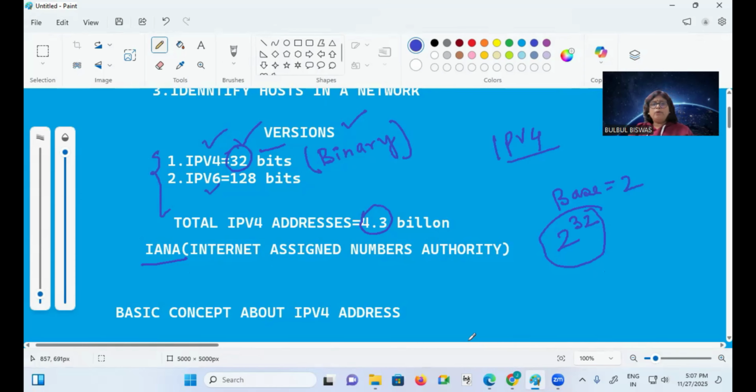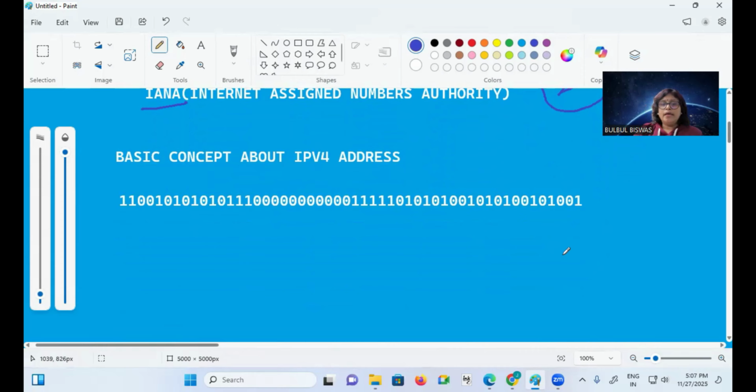Now, about this IP address, today I will give you some concepts so that you can understand this topic very easily. Now see, everyone, we are saying IPv4 is 32 bits. Bit means 0 and 1, a combination of zeros and ones. So a 32-bit IPv4 address is all about 32 such digits. This type of digit is assigned to a host for identification in a network.